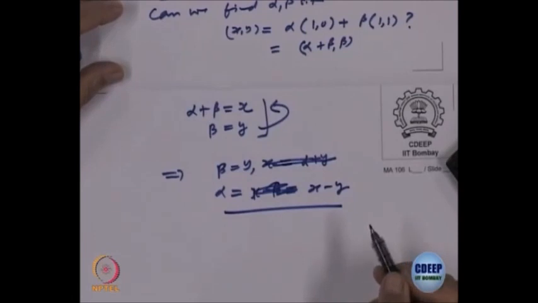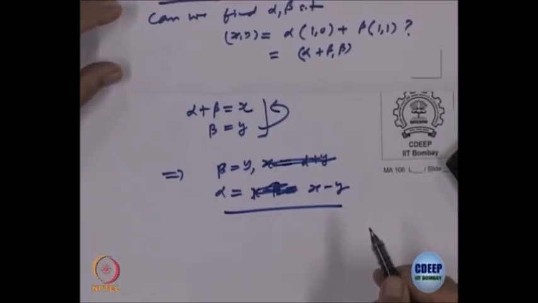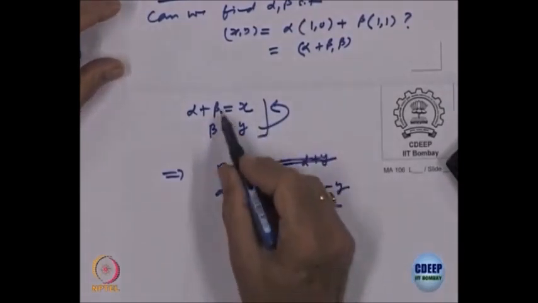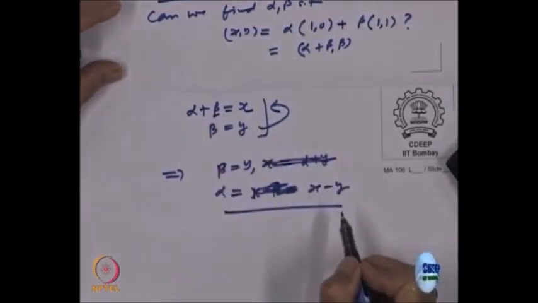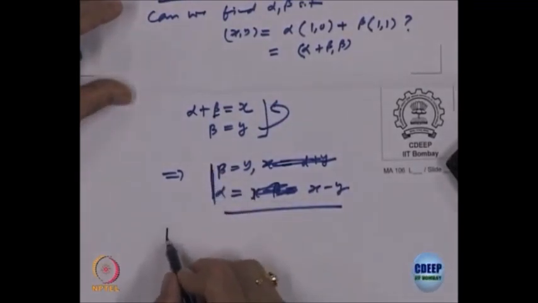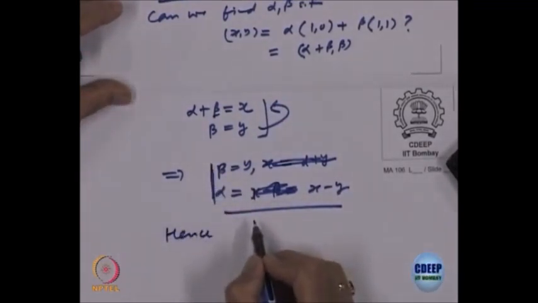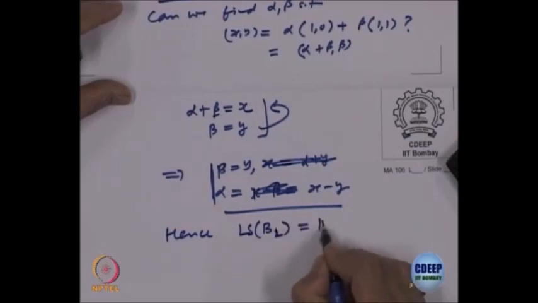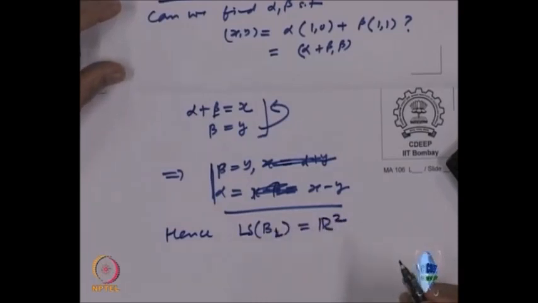So, I have found alpha and beta for this choice. Hence, the linear span of B2 is also equal to R2, right.